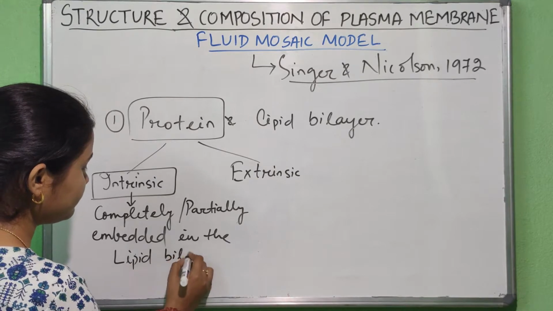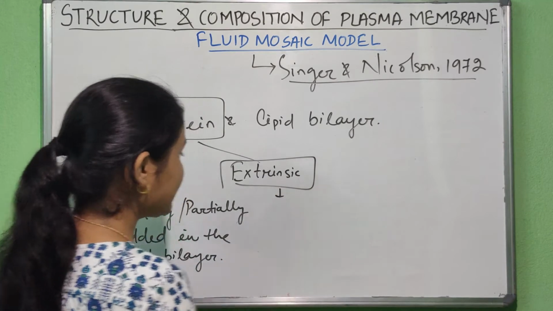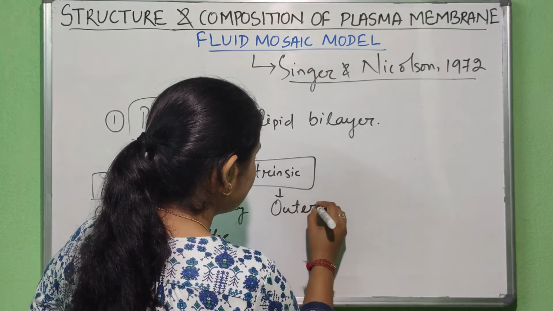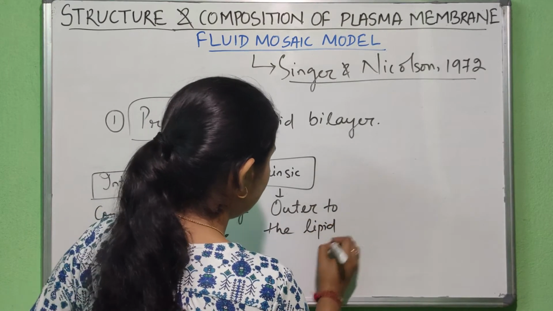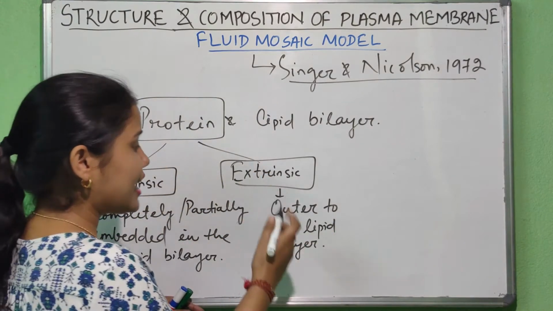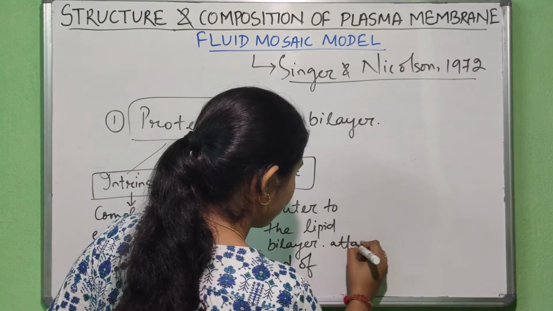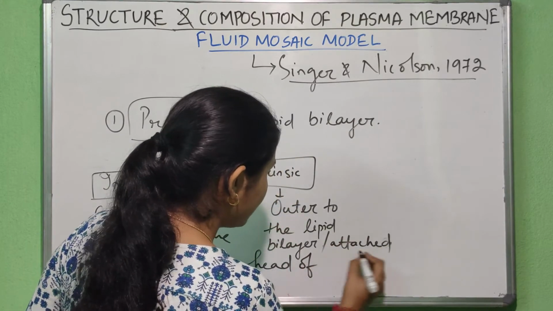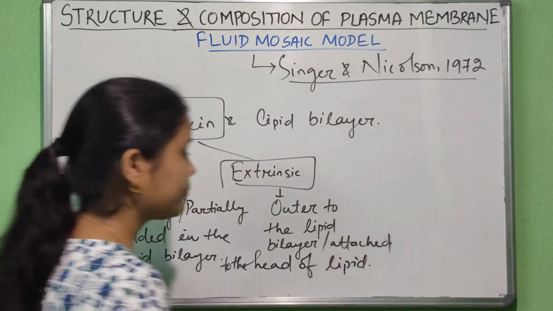Clear? And what are extrinsic proteins? These are the proteins which are outer to the lipid bilayer. That means they are attached to the head of the lipid. Clear?